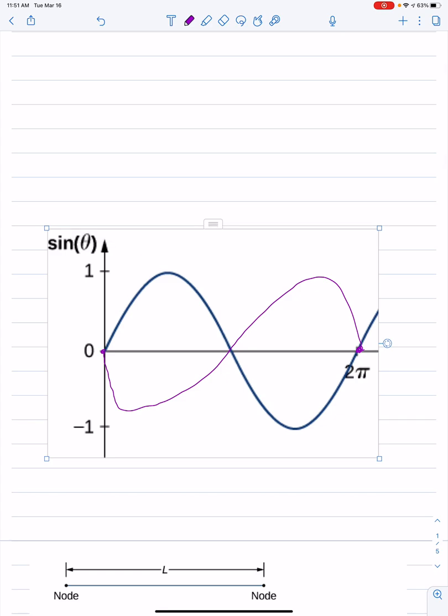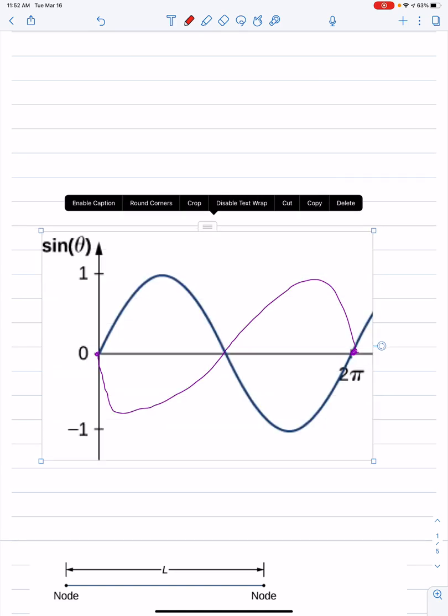Now, a standing wave has both nodes and antinodes. We had a little bit of confusion on what both of them were. A node is the equilibrium position of the wave. In this situation, let me annotate it in red over here.